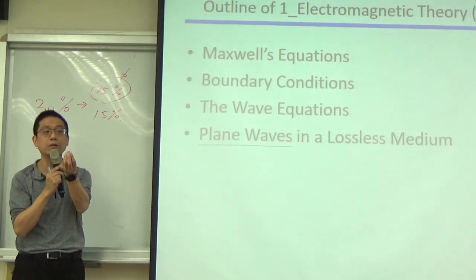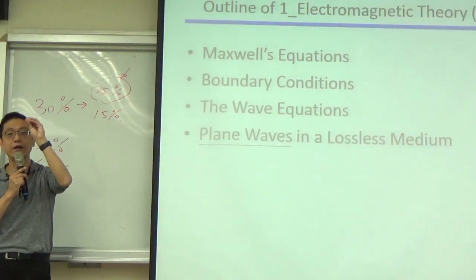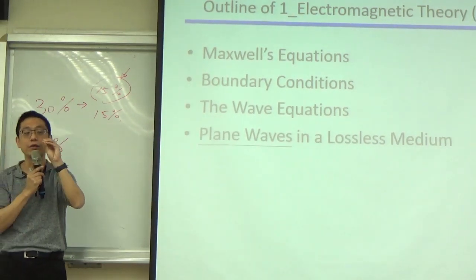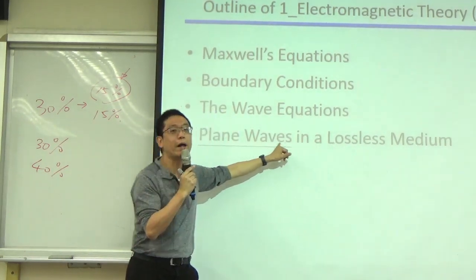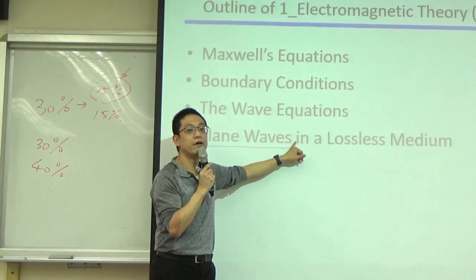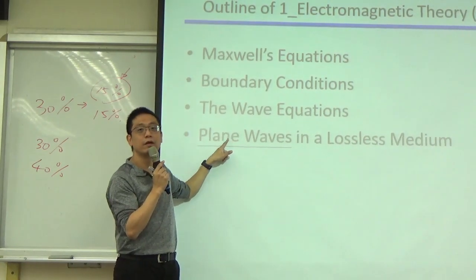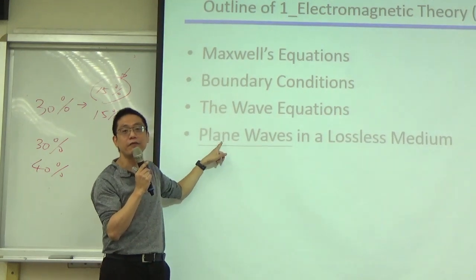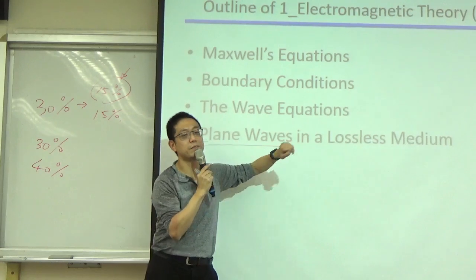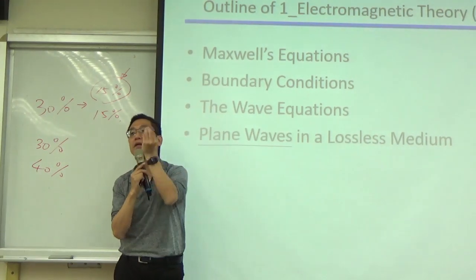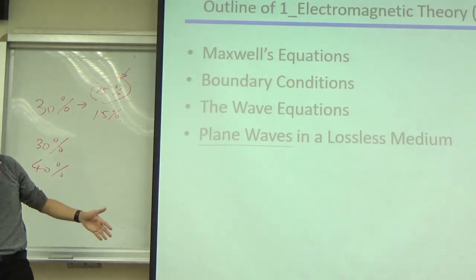Then the story will go on. After you know what E and H look like, then you can see what happens if there is an E field or H field when this field is in a lossless material, in some material. Okay? This is part one.